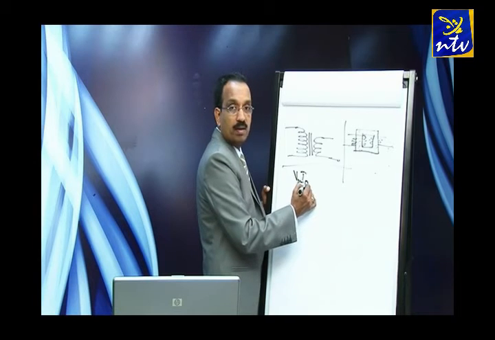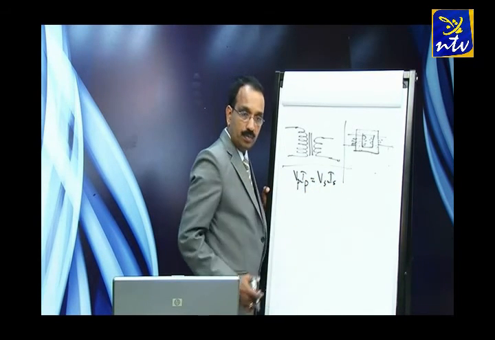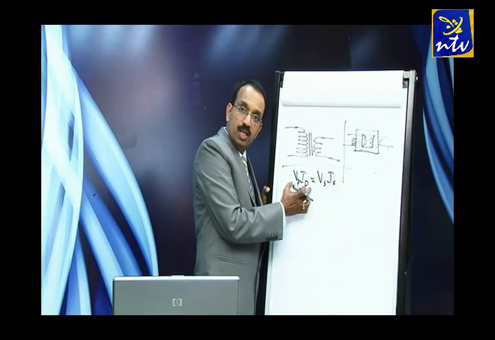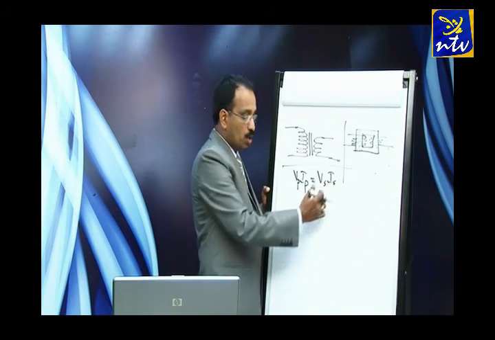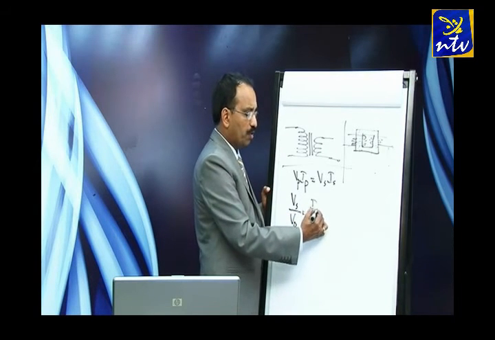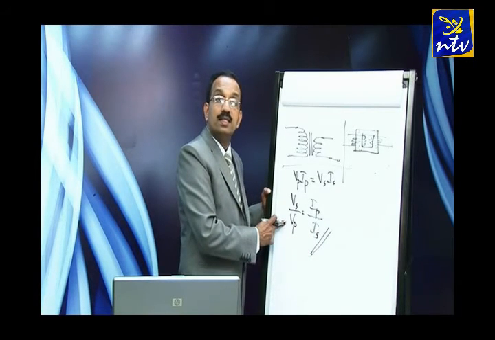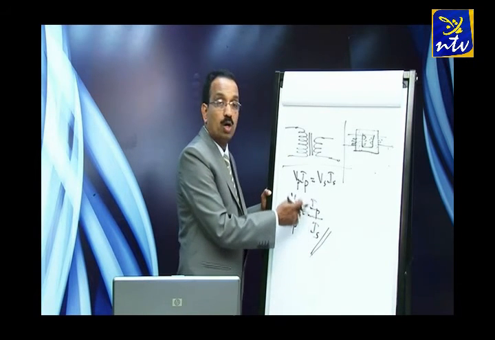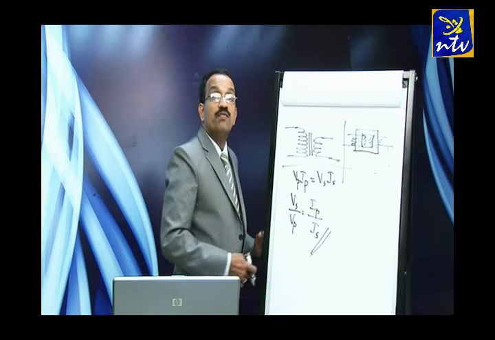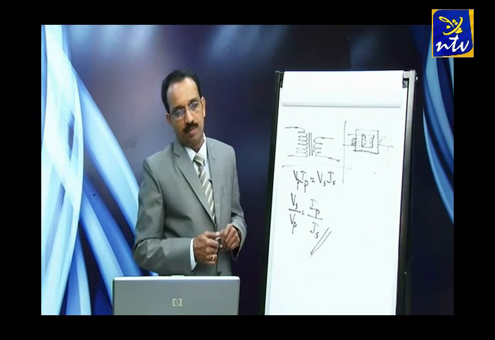This is input power, which should be equated to Vs Is. P is equal to VI. Input power is equal to output power. So what will we get for Vs by Vp? Vs by Vp is equal to Ip by Is. See, this is the relation between the input and output currents if we assume the transformer as an ideal transformer.